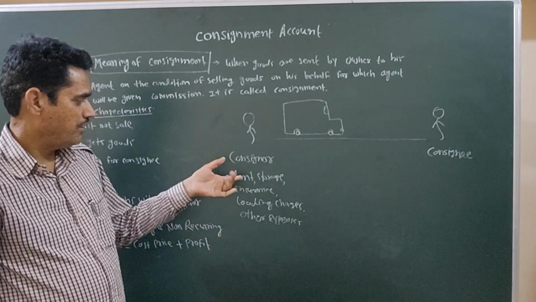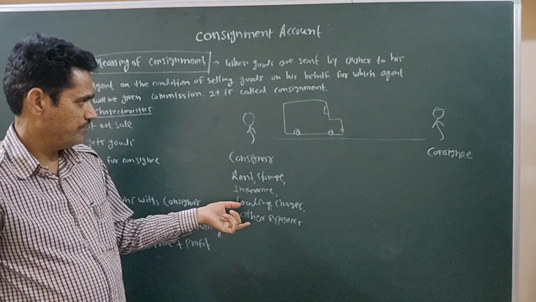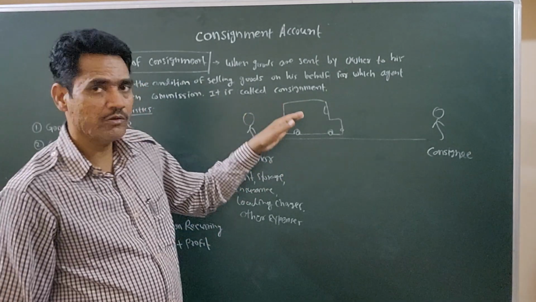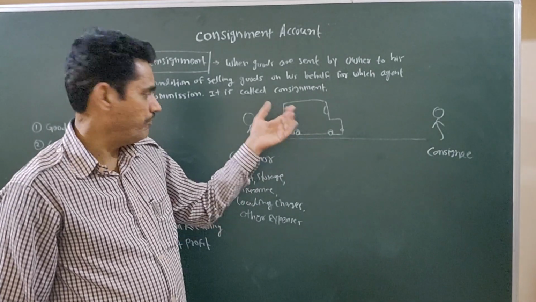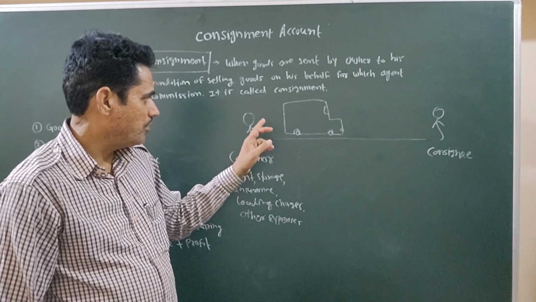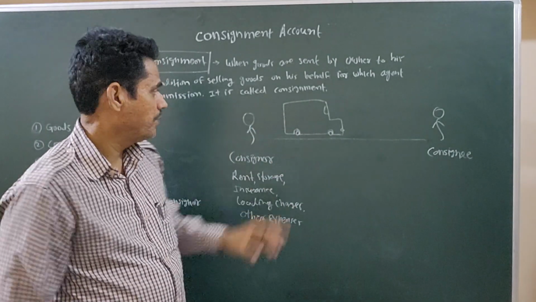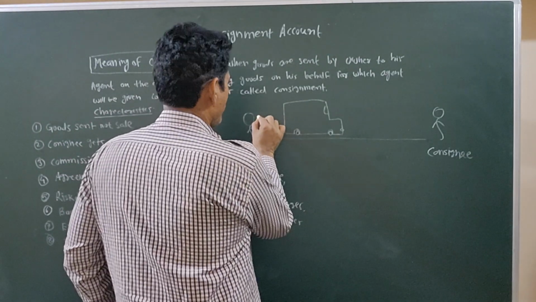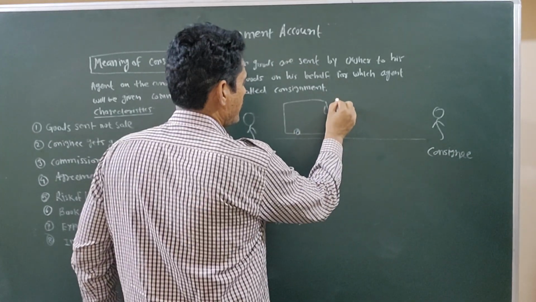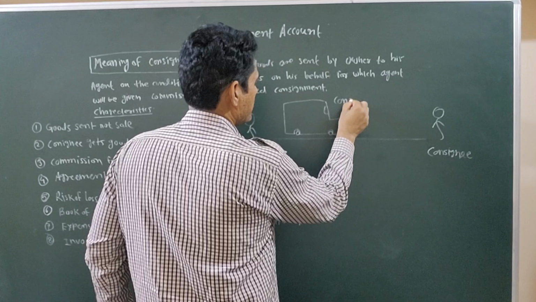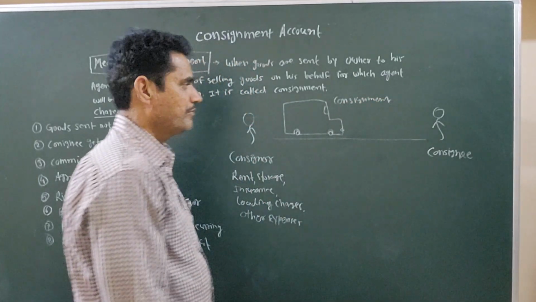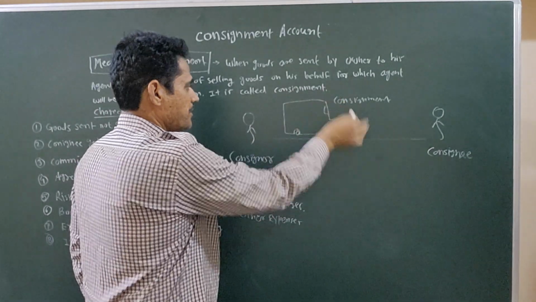After paying all these expenses, the next process is we have to transfer goods from the consignor to the consignee. That is called goods sent. It means we call it consignment. This is a consignment.